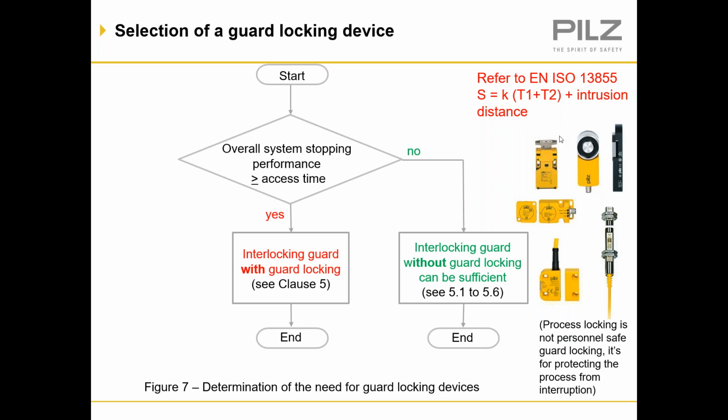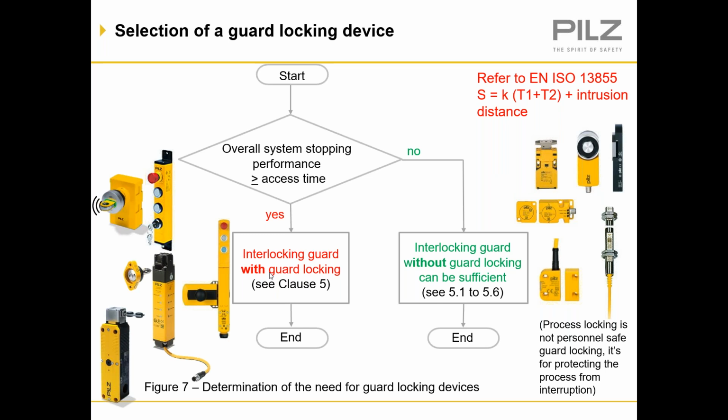That's sufficient. And in that case, you can use either a tongue actuated switch or a coded switch to send the output signal back to the safety relay to stop the machine. If there is a rundown time, then we'd need to interlock the guard with guard locking. So that means you'd have to request access.